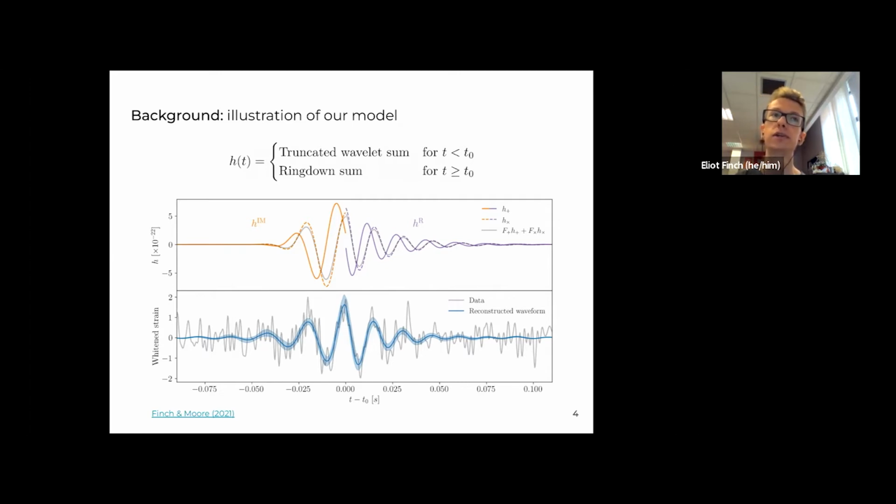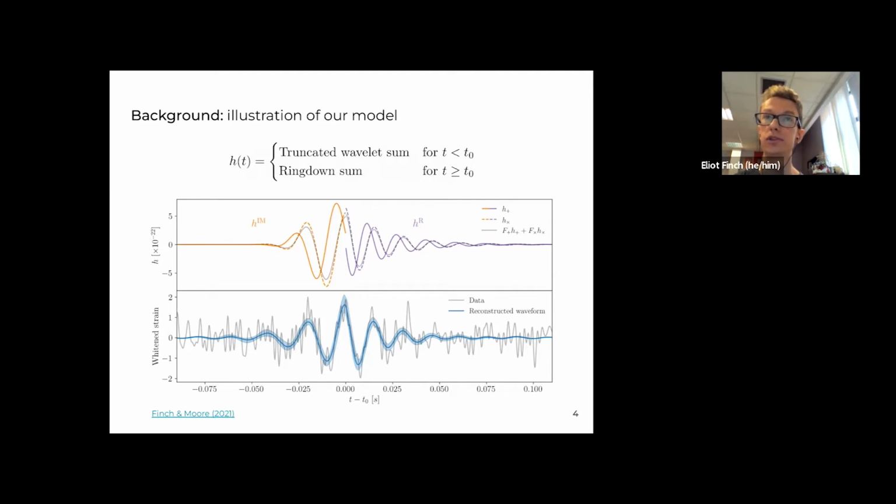So the top panel here is showing our waveform polarizations for the two halves of the model: a flexible sum of wavelets here, and then the usual ring-down model here. You can see the two halves of the model are not continuous. There's a discontinuity.